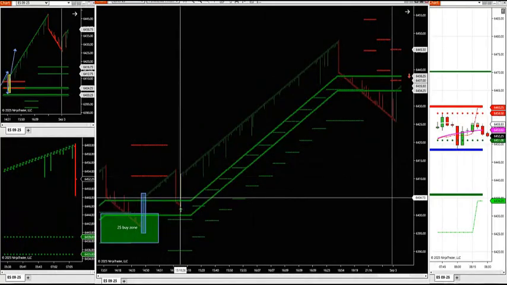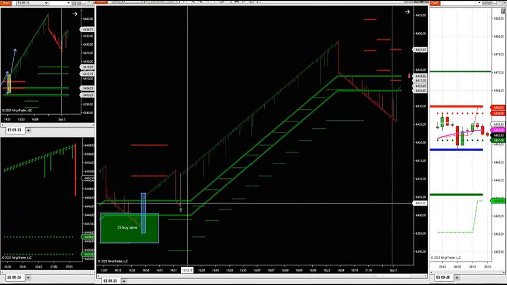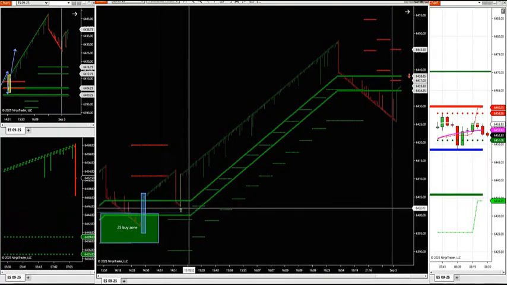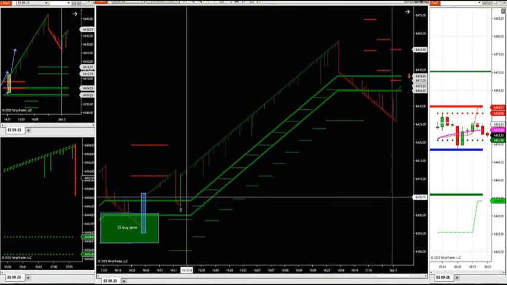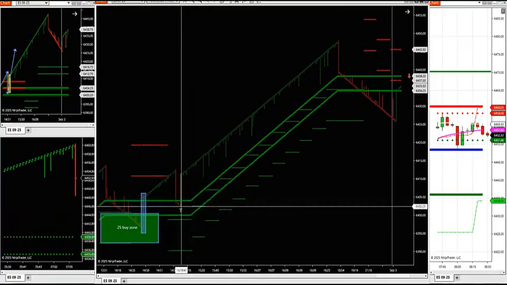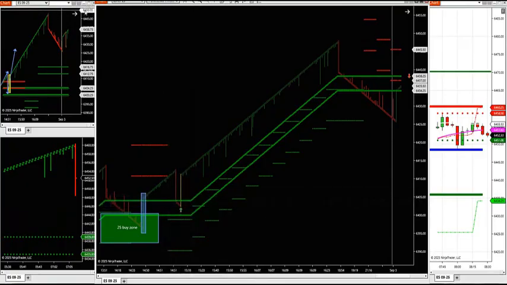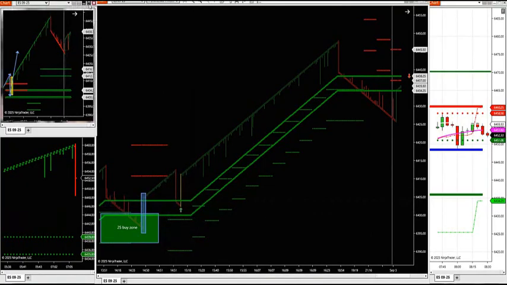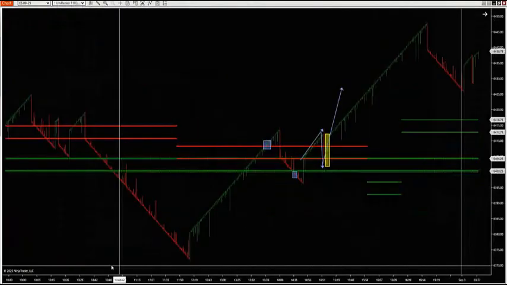This buy signal came in at 3:16 also. Not only did it get inside my trend zone, sorry, not the 25 zone, but the inner zone, the trend zone.